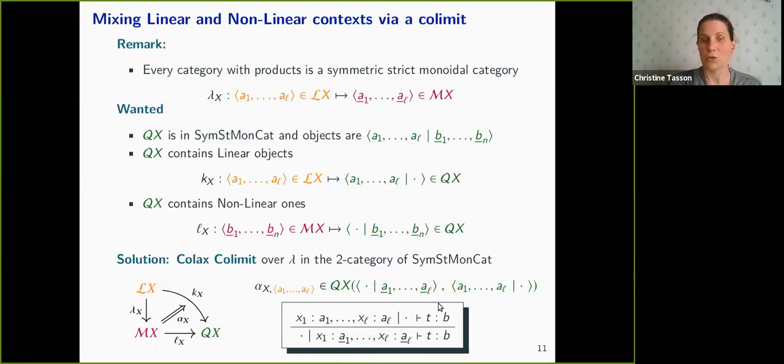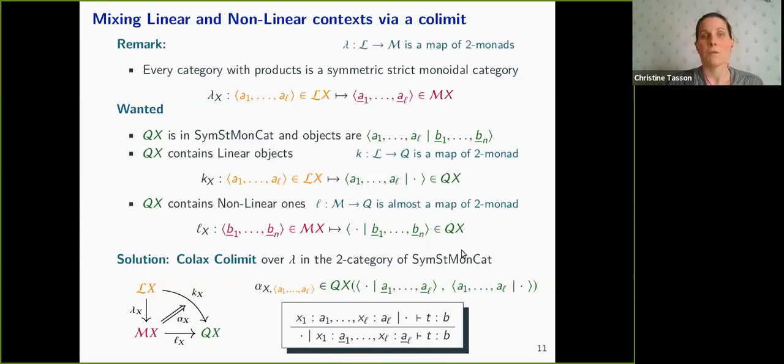It allows me to interpret this rule, which says that if T can be typed using only linear variables, then it's okay to feed it with nonlinear variables because I know that T will use them only once, so it's fine. And it's this morphism here that we need to interpret this rule.